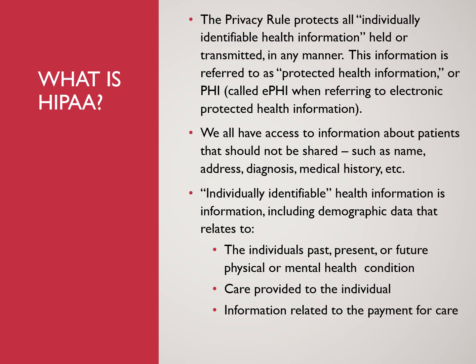We all have access to information about patients that should not be shared, such as name, address, diagnosis, medical history, etc. Individually identifiable health information is information including demographic data that relates to the individual's past, present, or future physical or mental health condition, care provided to the individual, and information related to the payment for care.